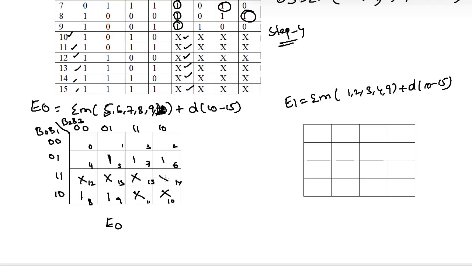So you can minimize using the don't care conditions as well as min terms to get the minimized expression for E0. So the plotting of values is 5th position, 6th, 7th, 8, 9, and don't care as 10 to 15.